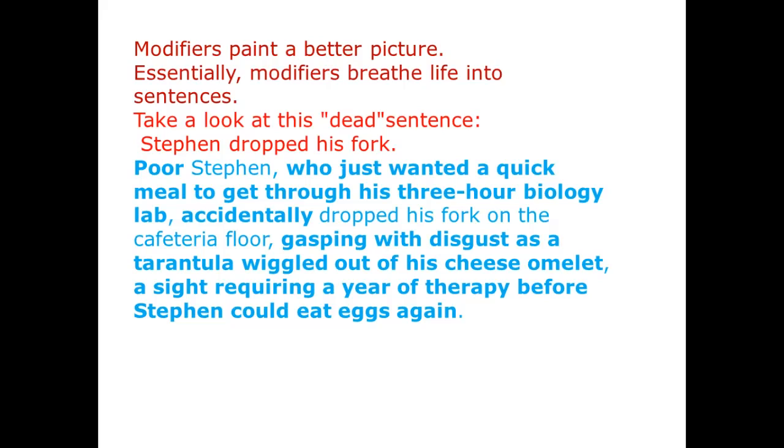Poor Stephen, an adjective, modifies Stephen. Who just wanted a quick meal to get through his 3-hour biology lab, an adjective clause or a relative clause, modifies Stephen. Accidentally, an adverb, modifies dropped. Gasping with disgust as a tarantula wiggled, another participial phrase.